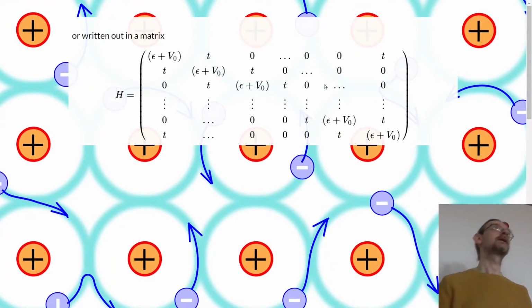Probably more useful to actually just write out the matrix. So if we're on the diagonal, we've got epsilon, the atomic energy, plus V0, the interaction of an electron on atom I, but feeling an attractive interaction from all the other nuclei.